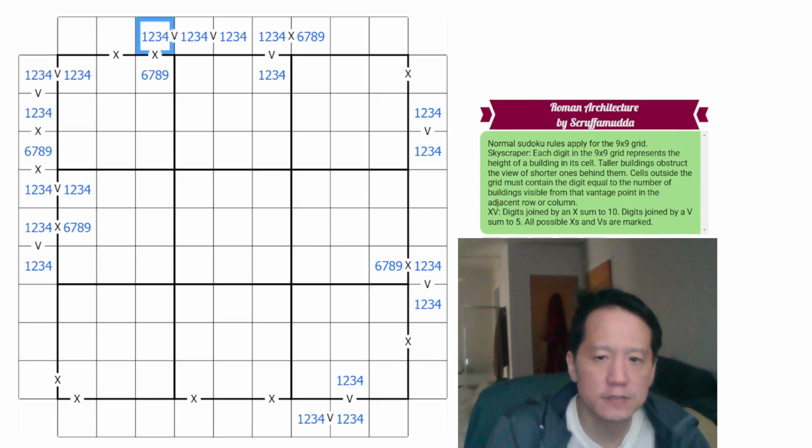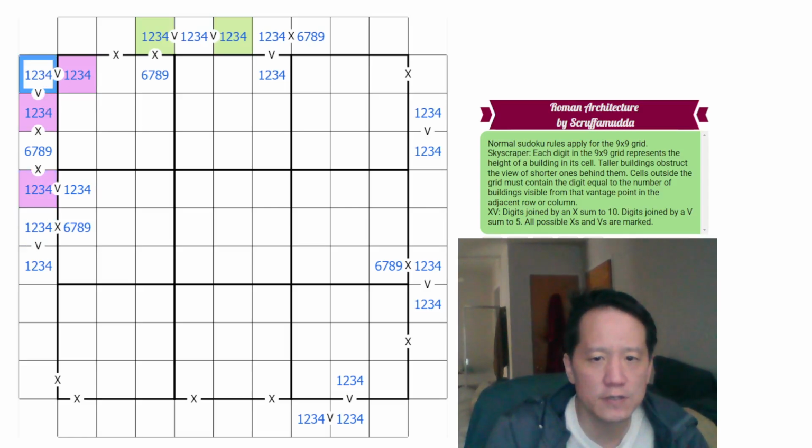So this has to be the same as this one, because it adds up with this digit to be 5. We don't know about these. This digit has to be the same as this, which must be the same as this.